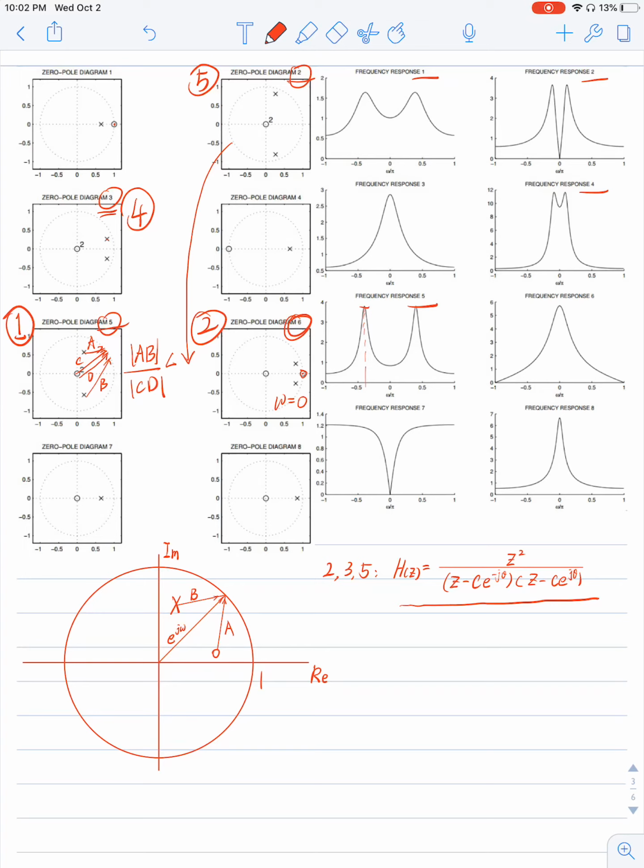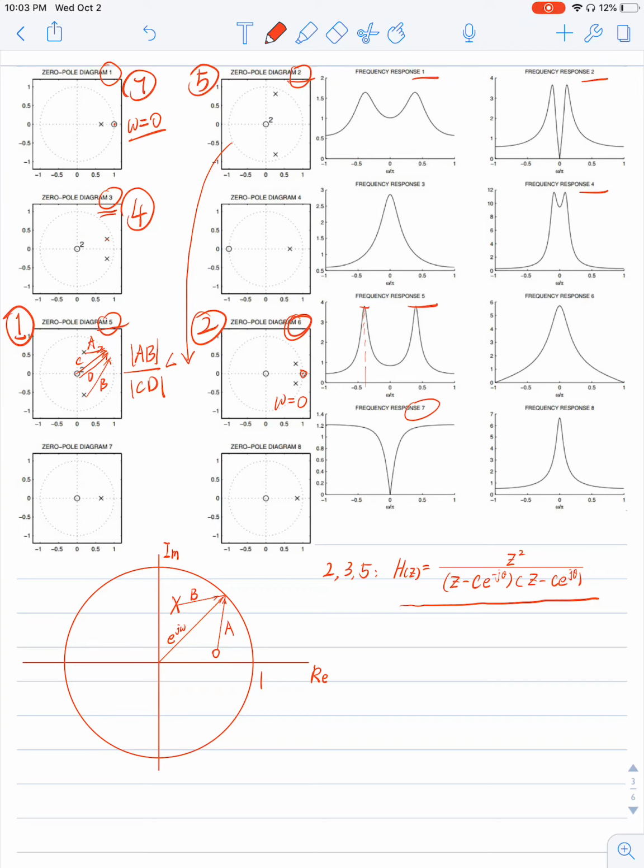Now let's look at the other 4 diagrams, which have only one pole and one zero. For diagram 1, when omega equals 0, the magnitude of the frequency response is 0. So this can only be 7.